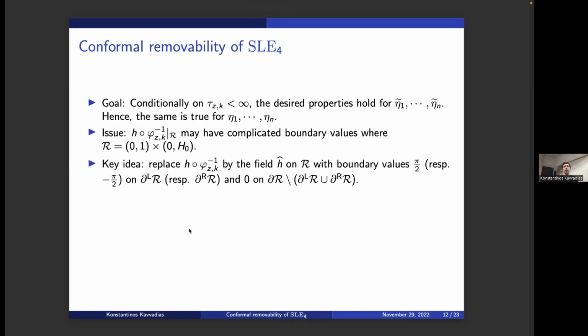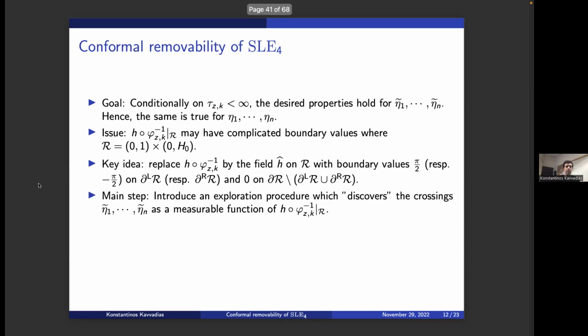So the key idea here is to replace that field by a simpler field on the rectangle, this field h hat that I call it, with boundary values pi over 2 and minus pi over 2 on the left and right side, and 0 on the rest of the boundary. And then we consider the corresponding crossings coming from this field.